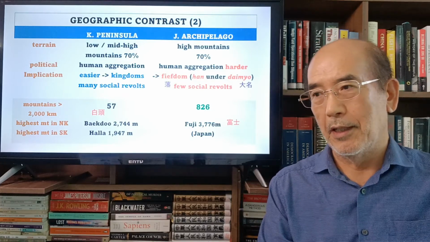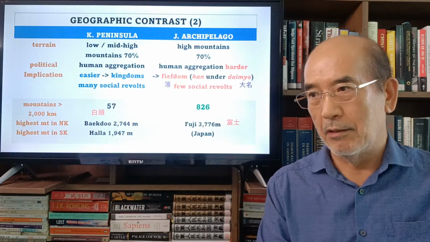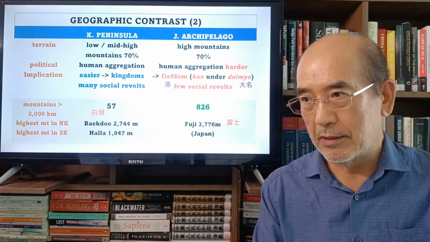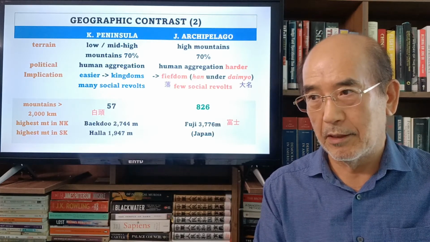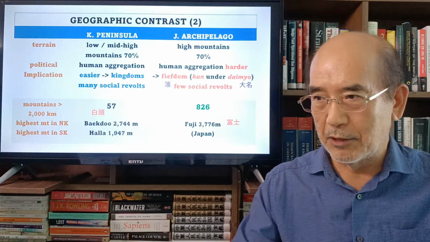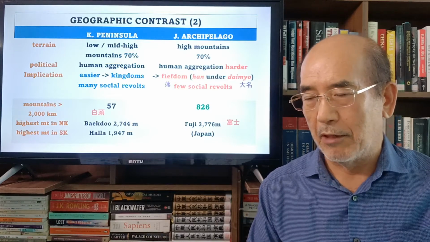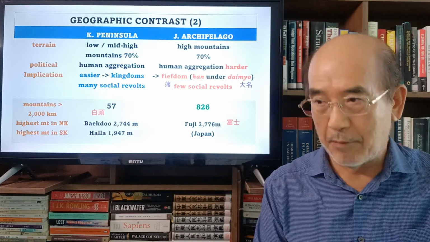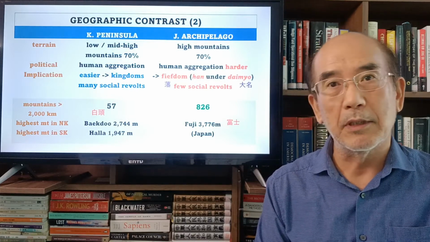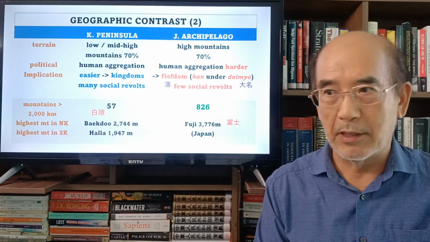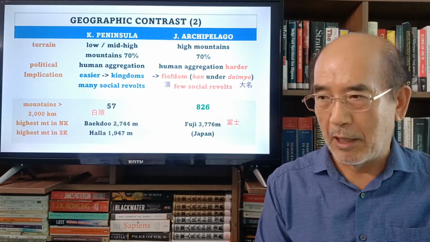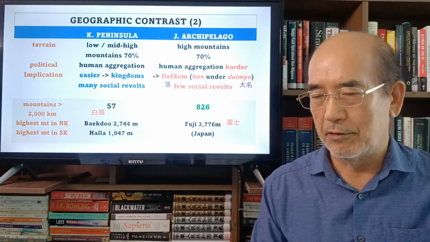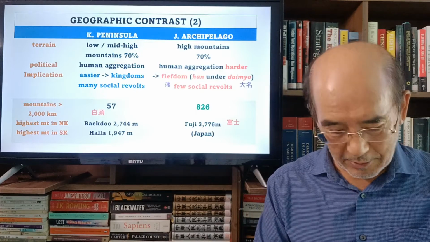Particularly Mount Fuji, in the middle of the Japanese archipelago, is the highest at 3,776 meters. It also looks really triangular, a mountain with snow at the top throughout the year. This mountain is not only the highest but a very sacred mountain for the Japanese people, and the object of many novels, movies, and other stories.